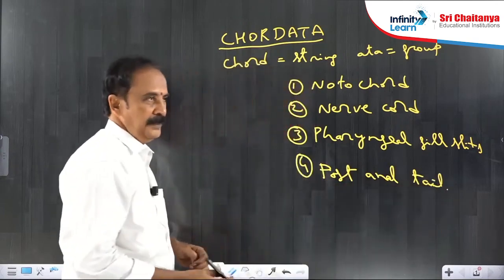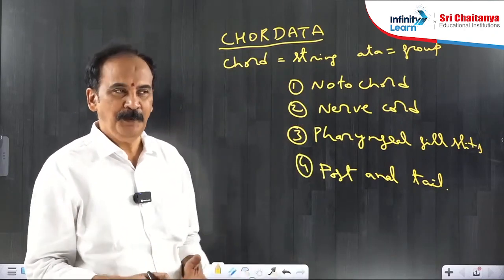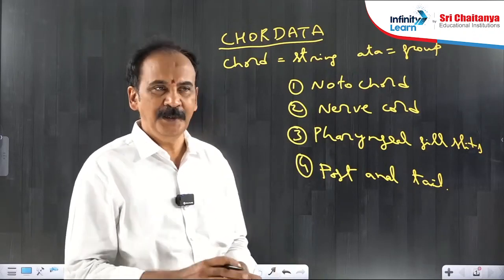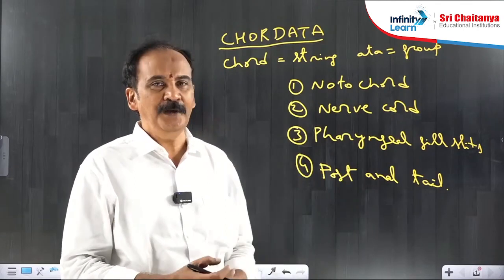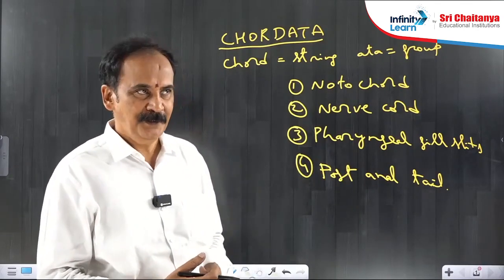These 4 are fundamental chordate characters, right? These characters should be present at any stage in the life cycle. Then only we can consider them as a chordate, either during the embryonic stage or maybe in the adult.